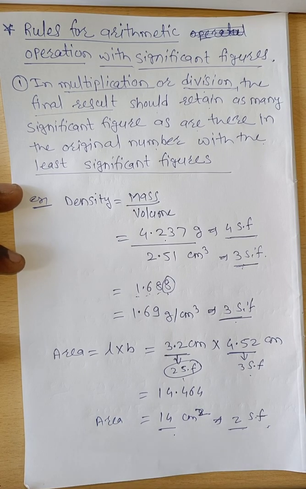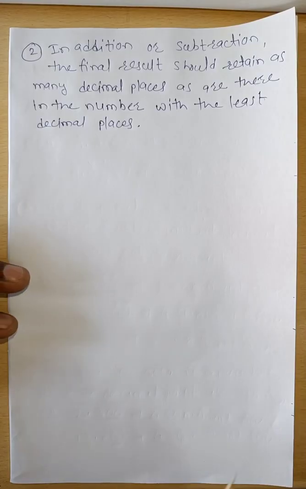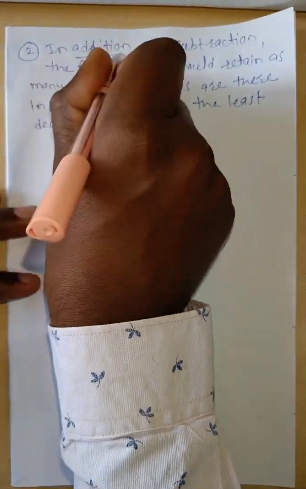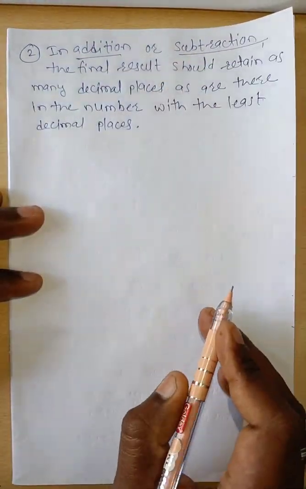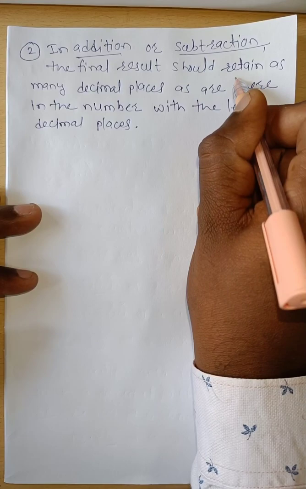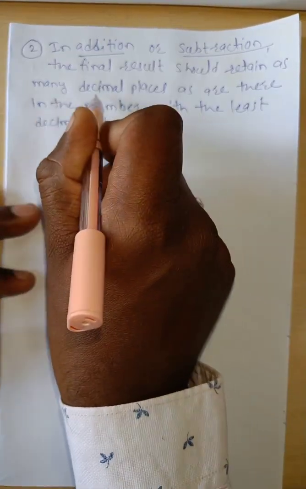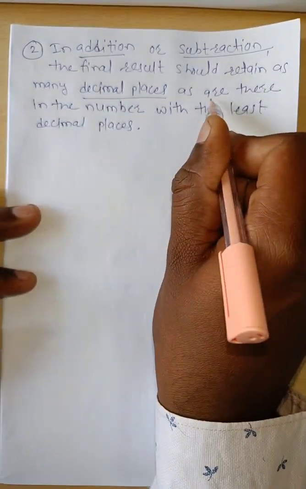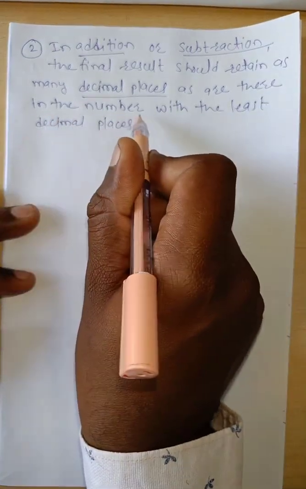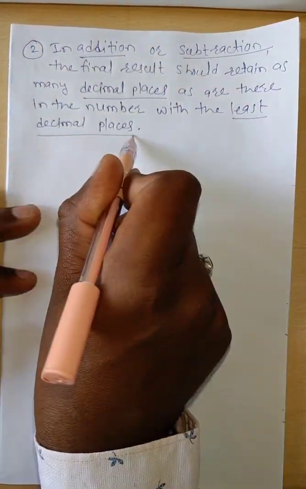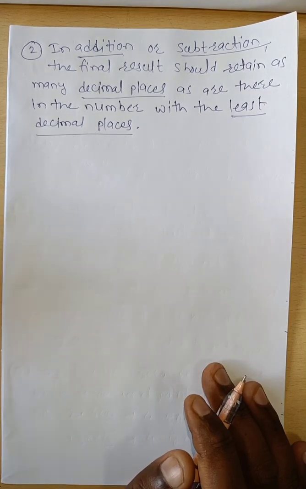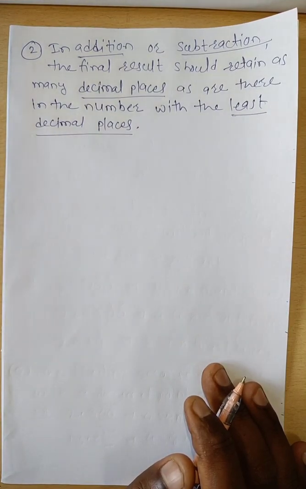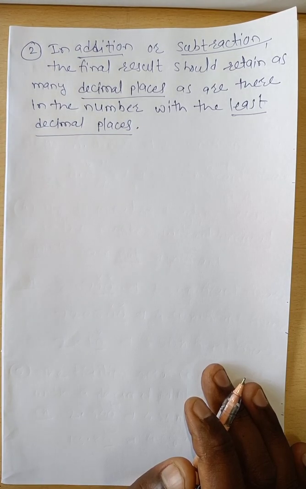Now when we have performed addition and subtraction, what happens, we have to see. When you perform addition or subtraction, the final result should retain as many decimal places as there are in the number with the least decimal places. In multiplication and division, the final result should have the minimum number of significant figures.